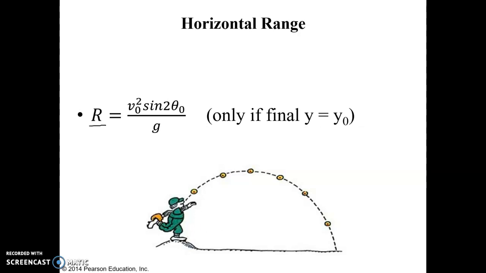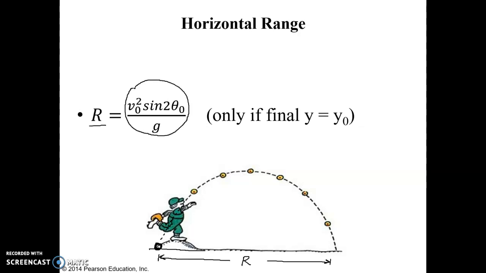So this image I pulled off the internet is probably not the best one, because in order for this to work, we need to assume that the ball actually starts down here on the ground. We need to neglect the height of the pitcher. So if the ball starts from down here, goes up and goes down, the range, being the horizontal distance that the projectile travels, can be calculated with this formula right here.